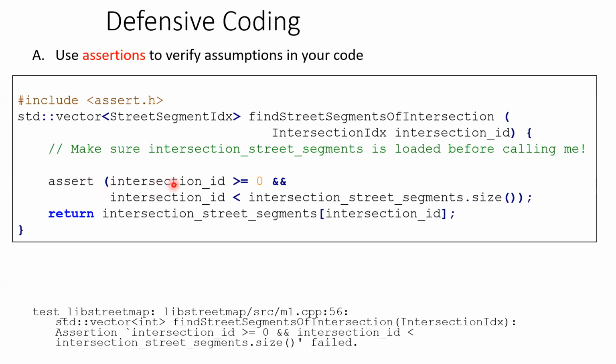We want to assert that the intersection ID is greater than or equal to 0, and it should be less than the number of intersections. In this case, we are using intersection_street_segments.size. This is also to make sure that you have loaded in the correct global variable.